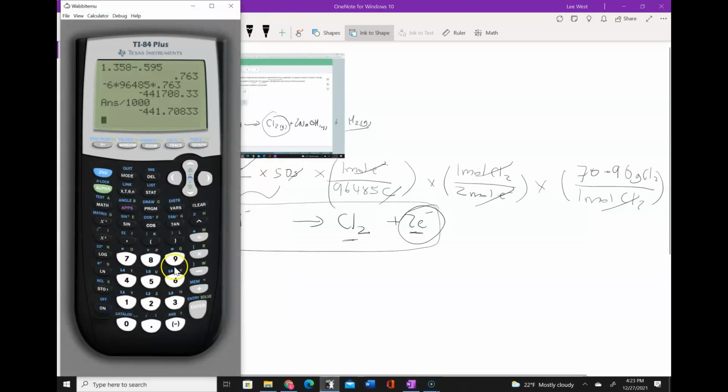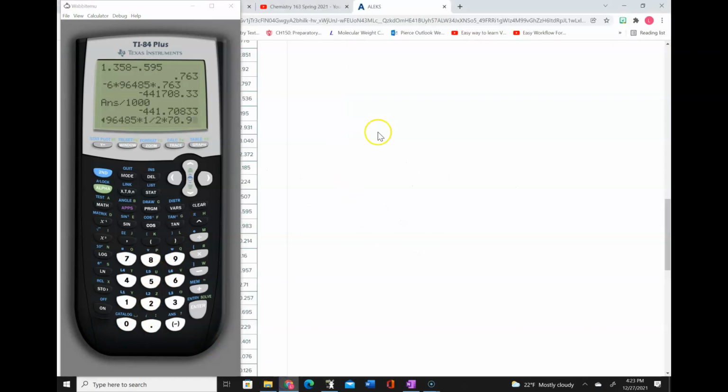Okay, so 950 coulombs per second times 50 seconds times 1 mole of electrons for every 96,485 coulombs, that's just Faraday's constant, times 1 mole of chlorine is produced for every 2 moles of electrons that move, times 70.9, well, we should check the exact molar mass.